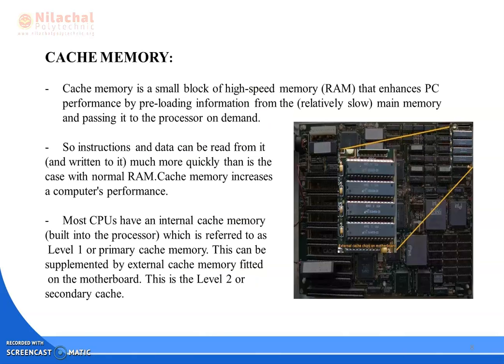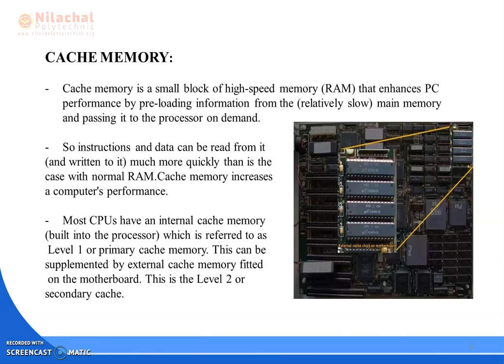Next, after the chipset, we will be discussing cache memory. We already know what cache memory is. It is a small block of high-speed memory, RAM, that enhances PC performance by preloading information from main memory.